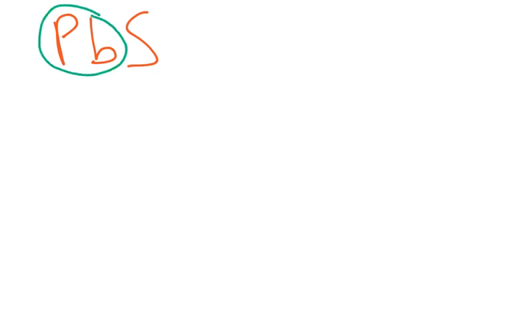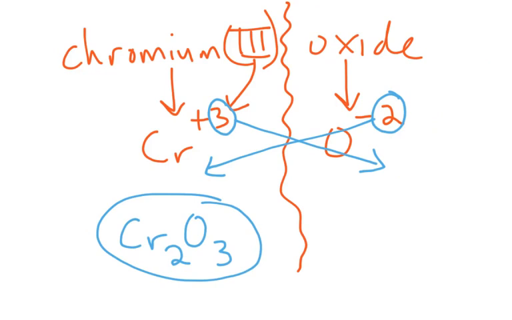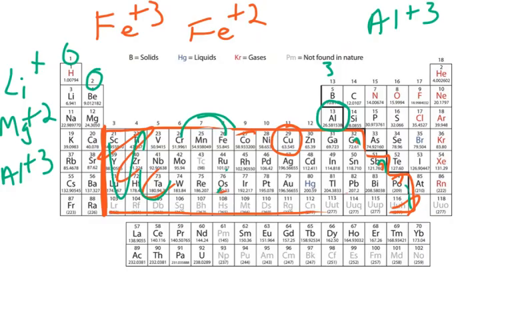Okay, the next example I have for you is PbS. And again, we can identify this as a transition metal if we go back to our periodic table and look where lead is. Here is lead.